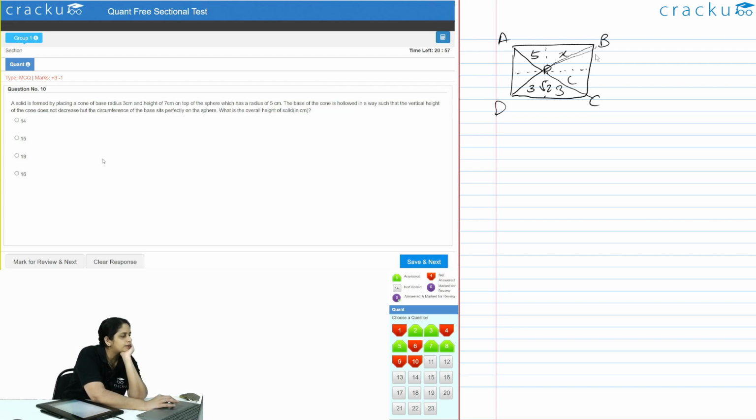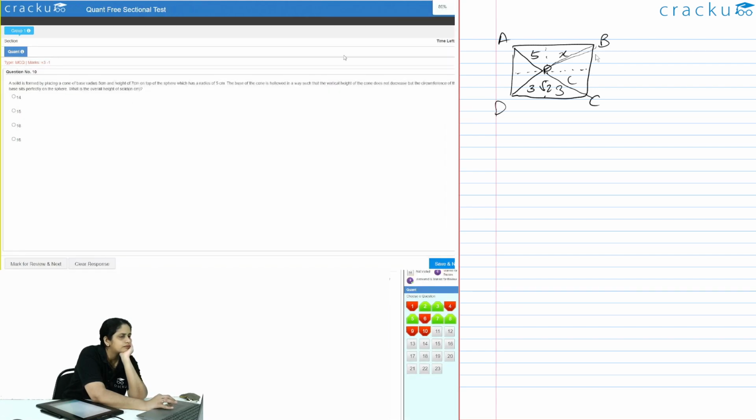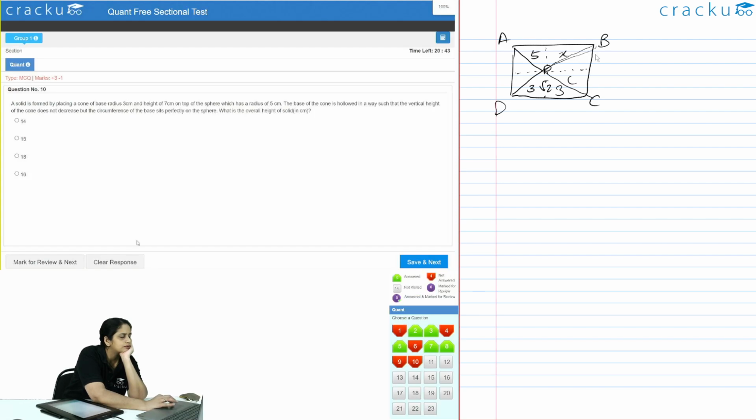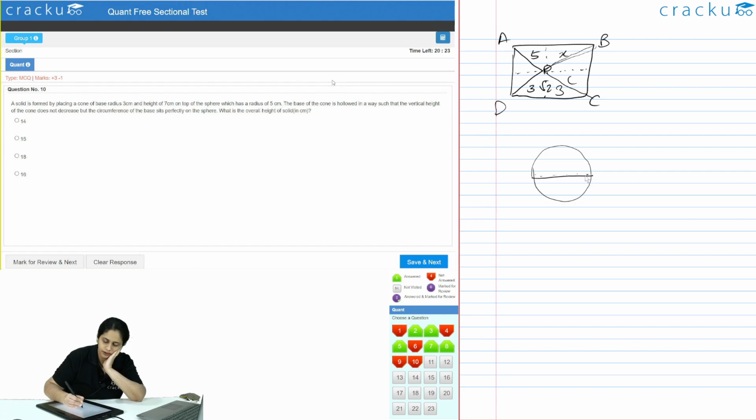A solid is formed by placing a cone of base radius 5 centimeters here.